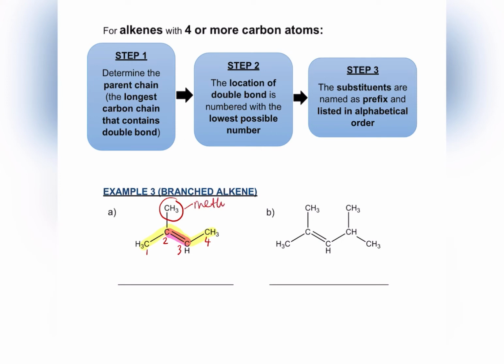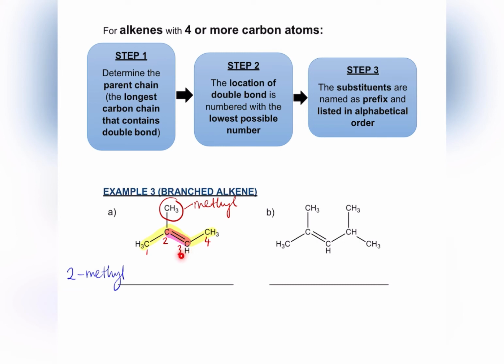I'm going to give the full name for this structure, where we put the substituent first at carbon number 2. So the name will be 2-methyl. After that, I have a 4-carbon chain with a double bond, so this parent will be named butene.